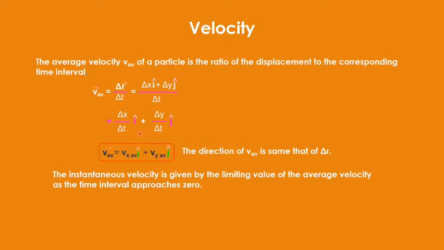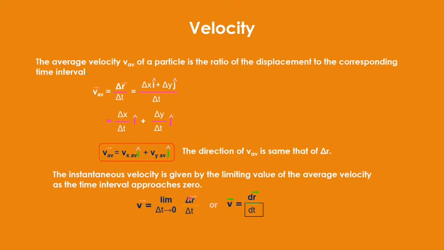If I am writing the average velocity, it is Vx average i cap plus Vy average j cap, because delta x upon delta t is the velocity along the x-axis. Similarly, delta y upon delta t is the velocity along the y-axis.